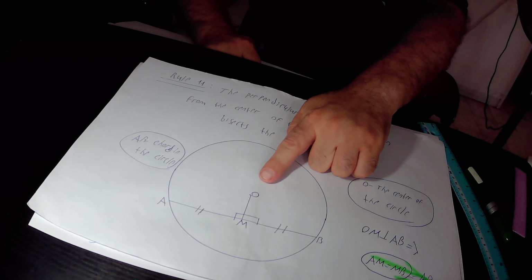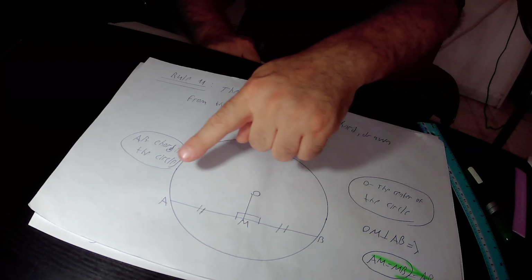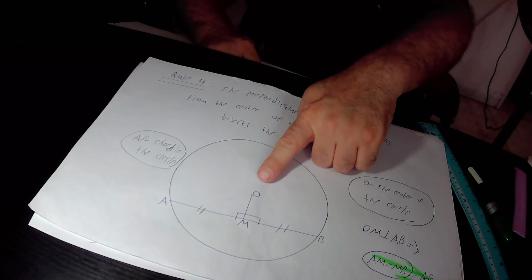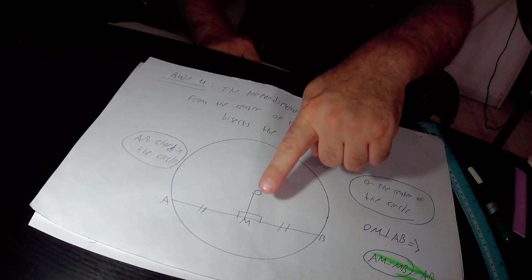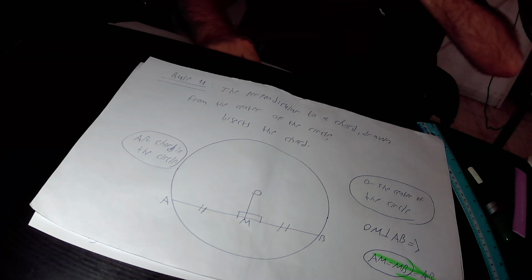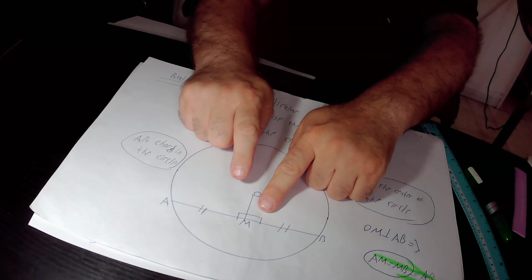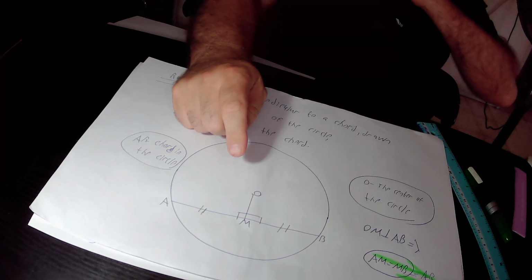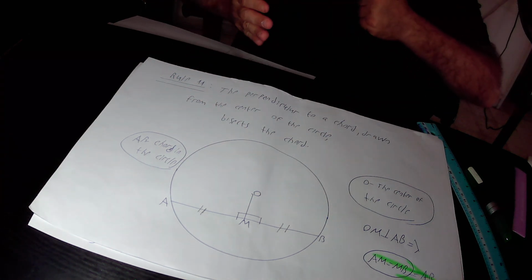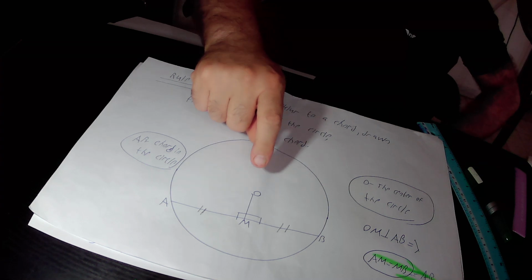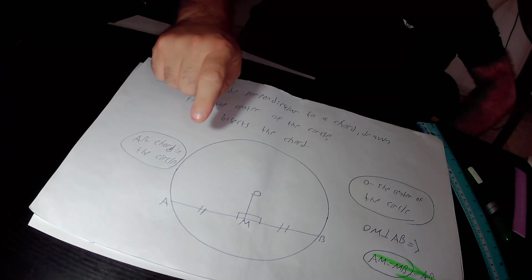From point O, the center of the circle, we do perpendicular OM on chord AB. So this angle equals 90 degrees, and this angle also equals 90 degrees according to our construction. And according to rule 11, the perpendicular OM bisects chord AB.